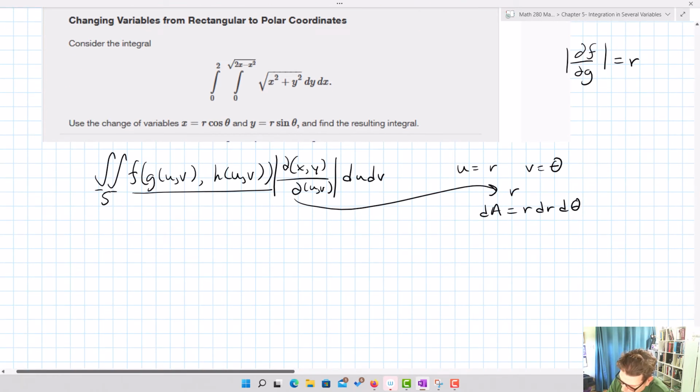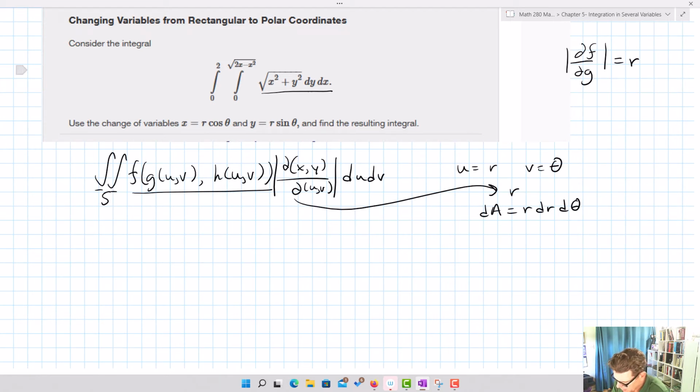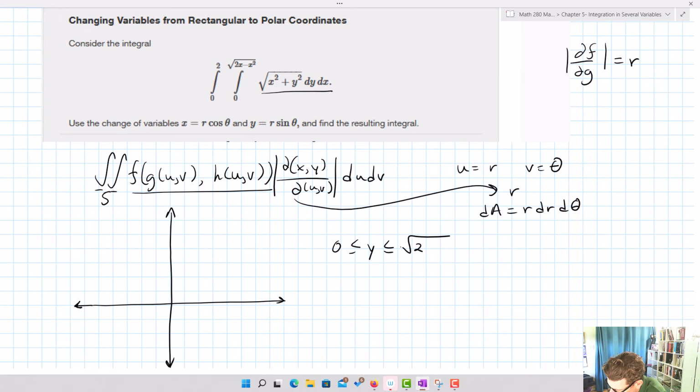So we know x equals r cosine theta, y equals r sine theta, and this is in terms of x and y. So we're going to consider this region. Let's look at the region. Y is going to be greater than or equal to 0, less than or equal to the square root of 2x minus x squared, and x is going to be greater than or equal to 0, less than or equal to 2.